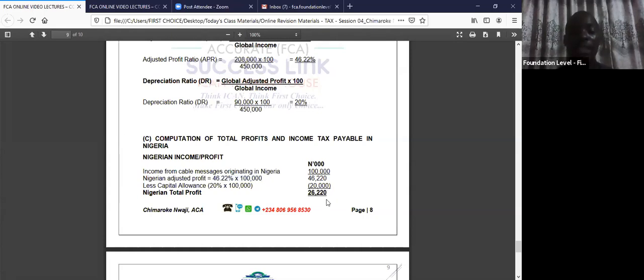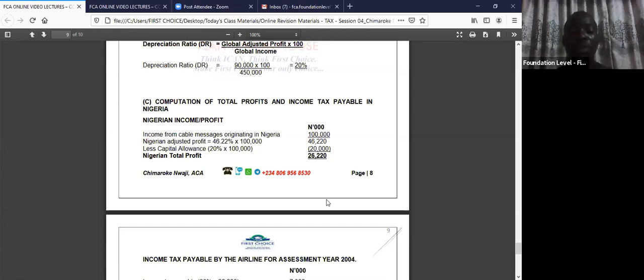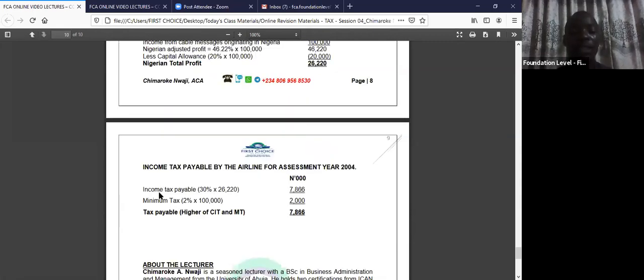After getting this, the next thing to do is to compute your tax. So the first thing to do is to look for your income tax, 30% of this figure, and that's this. Then the minimum tax, 2% of 100,000, and you get 2,000.